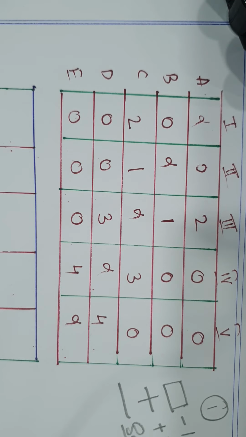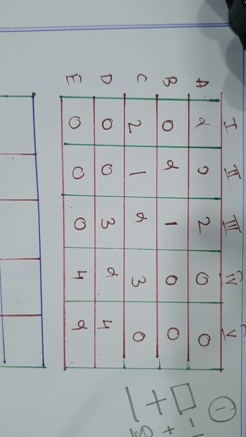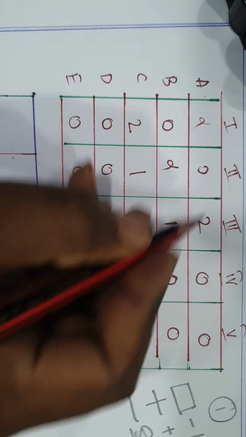After that, again you have to go for the assignment. For assignment, again you have to assign in the first row, in the first column. So wherever you are assigning now, in that row, in that column, if you are finding 0, you have to cancel. Okay? So first I am assigning here.